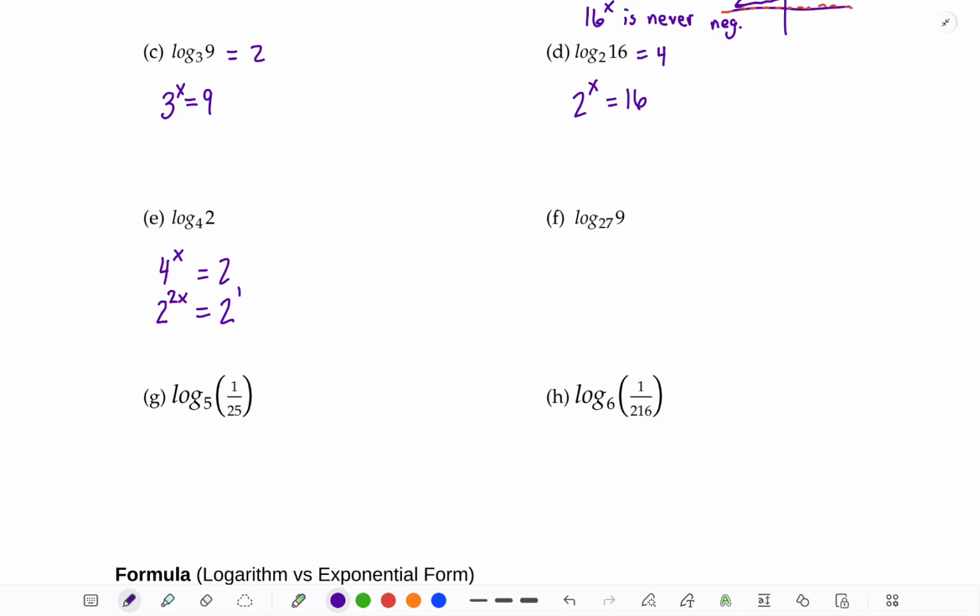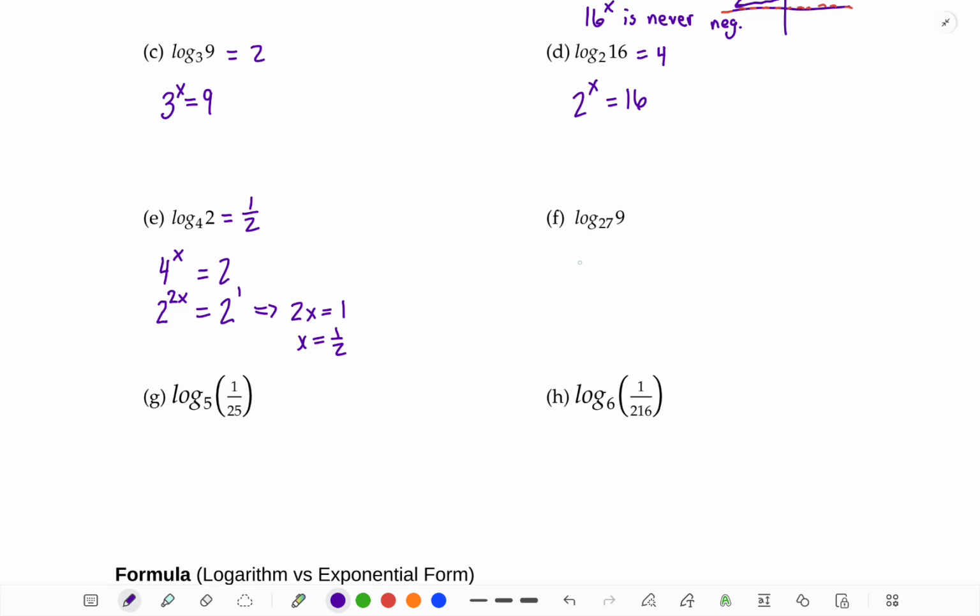Because the bases are the same, this implies 2x has to equal 1, so x is equal to 1/2. And if we check that, 4 to the 1/2 power is the square root of 4, which is 2. So log base 4 of 2 is 1/2.